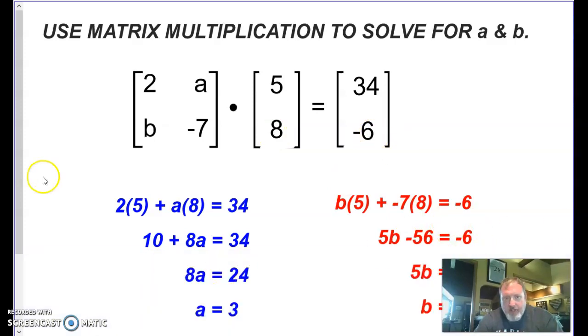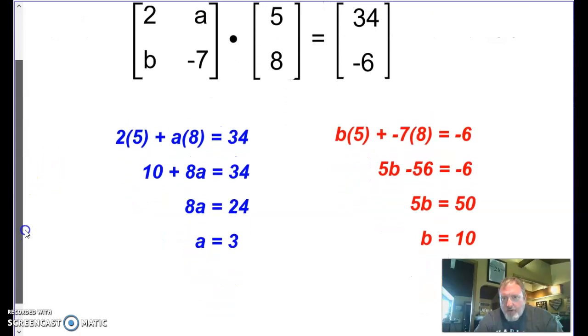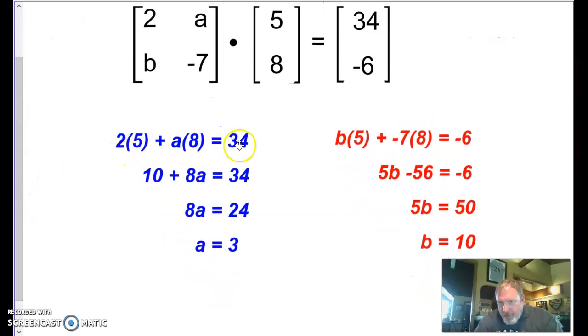From an algebraic standpoint, now you guys know how to solve that. So we did our multiplication first, row times column. Now I get a linear equation, and I can just solve for a and b. Sometimes you get a decimal. These two worked out to nice clean integers, positive integers, which was nice, but sometimes you will indeed get a decimal, and that's okay.